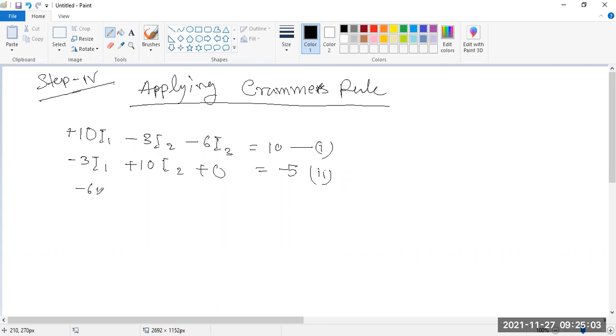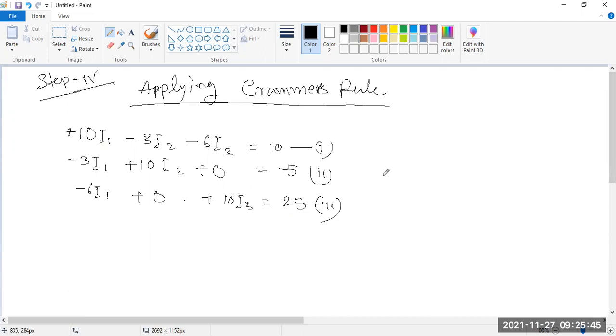And this is minus 6I1 plus 0 plus 10I3, sorry, I3 should be here, equal to 25. Okay, this is your equation 3. Just remember this: I1 is on one side, I2 is in the middle, I3 is here, and all voltages are here.